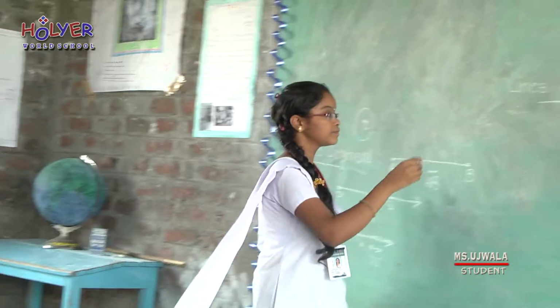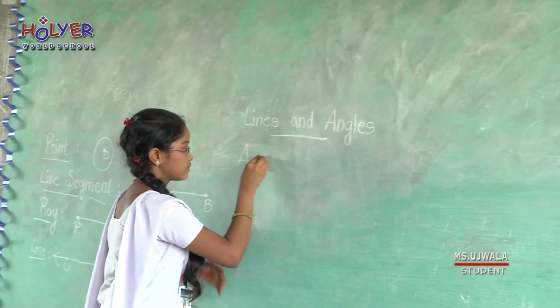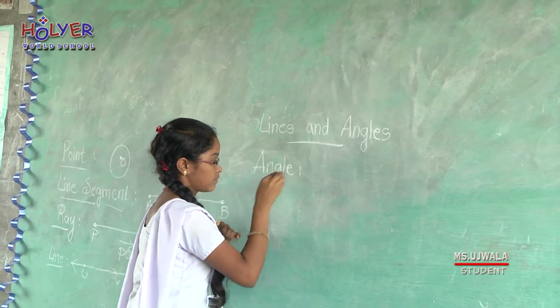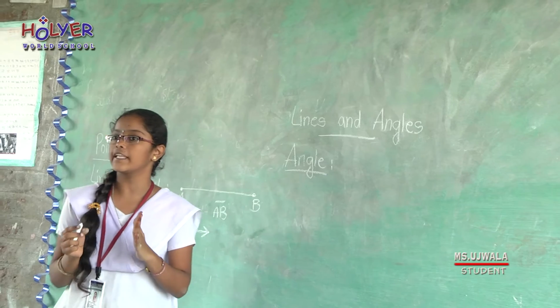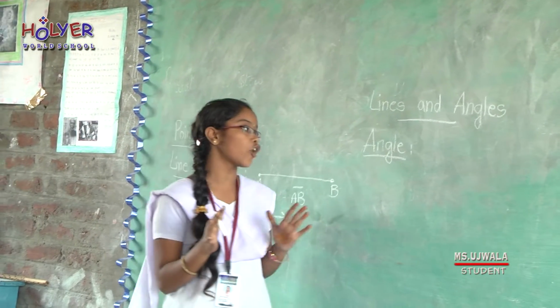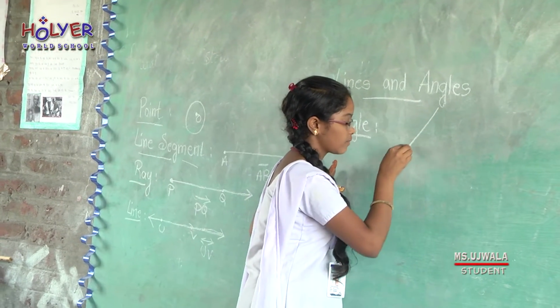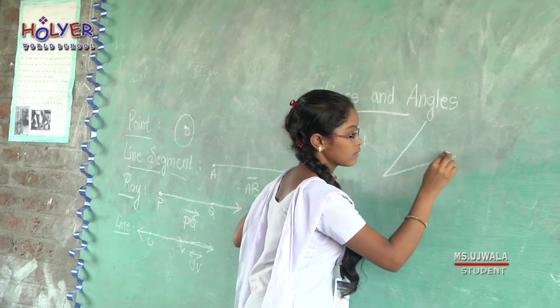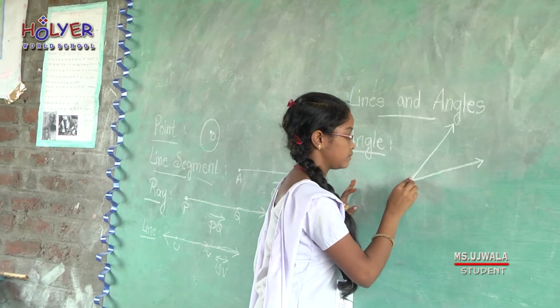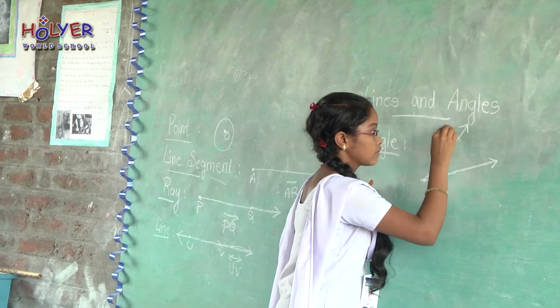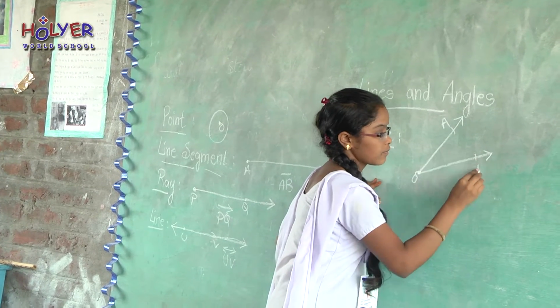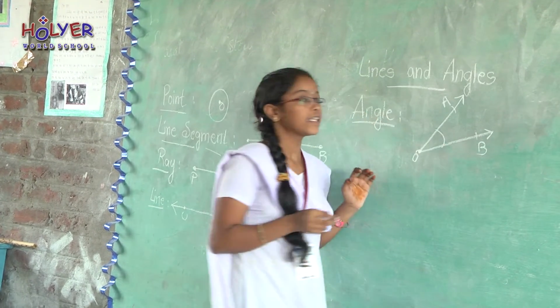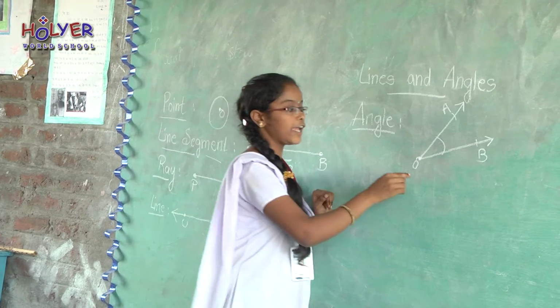Next, angle. An angle is formed by two rays starting from a common point. This is an angle AOB.